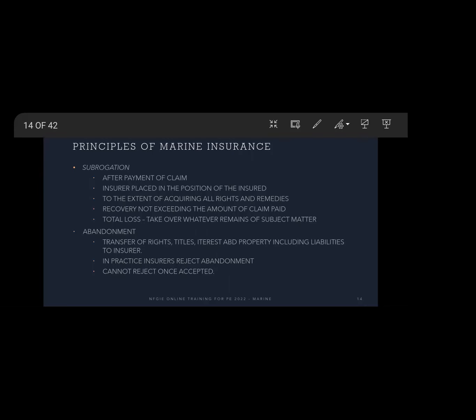So the port authorities will claim some sort of compensation against the owner of the container or the cargo which is lost. If the insurer has, as per the principle of abandonment, accepted the full titles, interest and everything, the liabilities have to be paid by the insurer. So in such cases, insurers in practice will always stay away from abandonment. But this principle still exists.